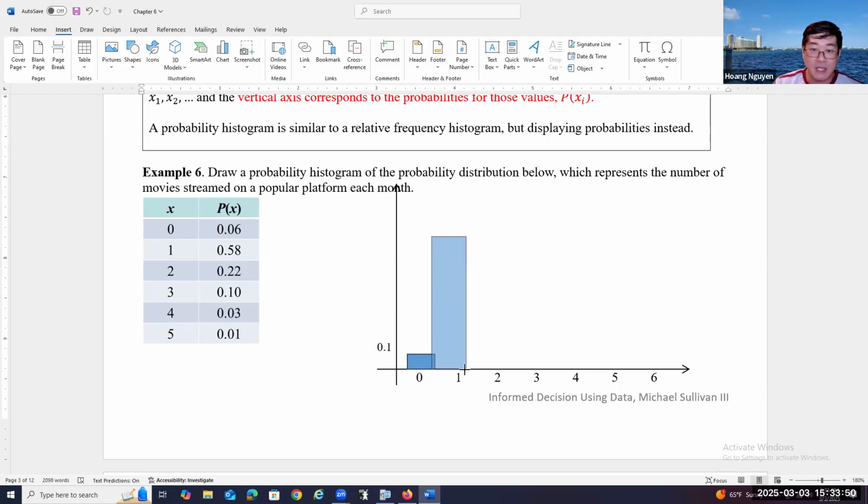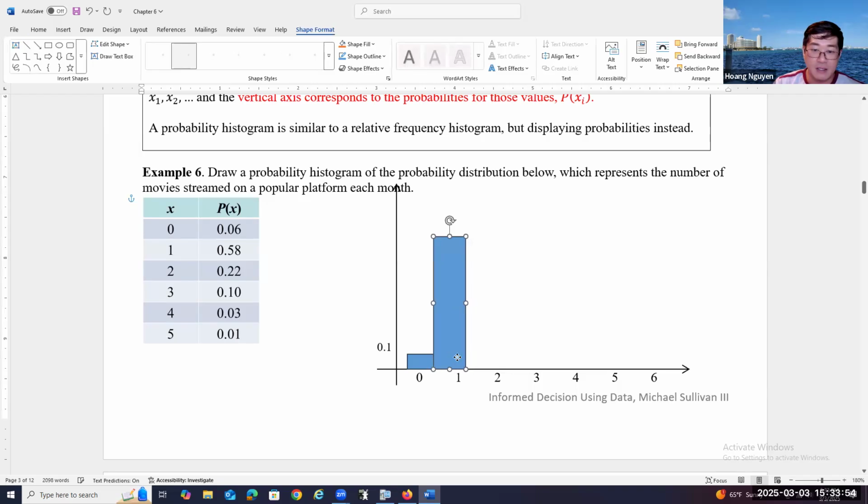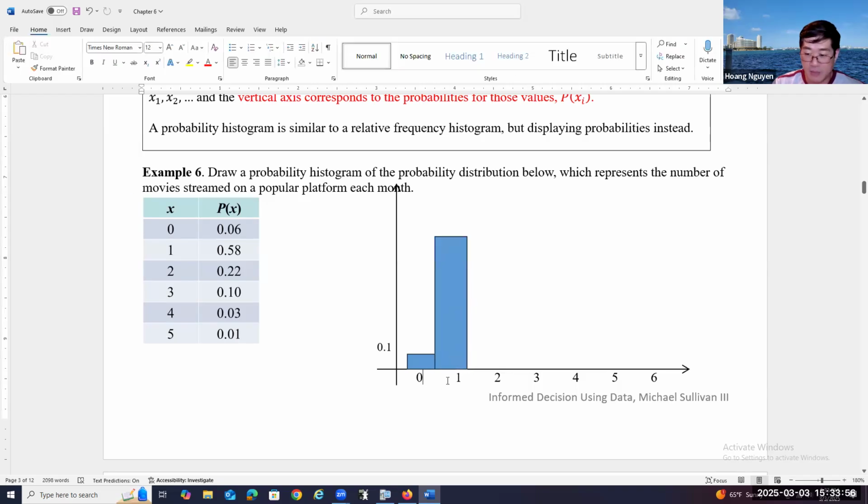Maybe this rectangle is too big, so I need to shift the unit over. Let me move it right here. Maybe the 2 is going to be right here, and the next one is going to be 3. We'll see if this works.